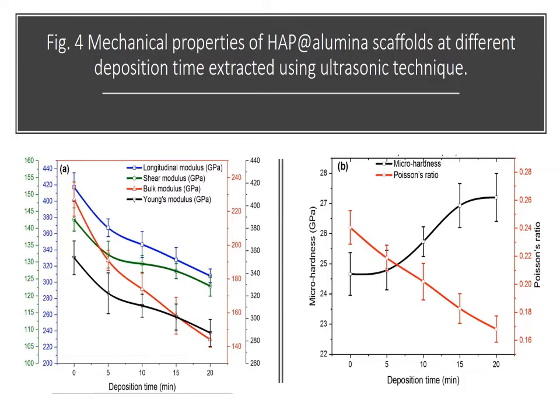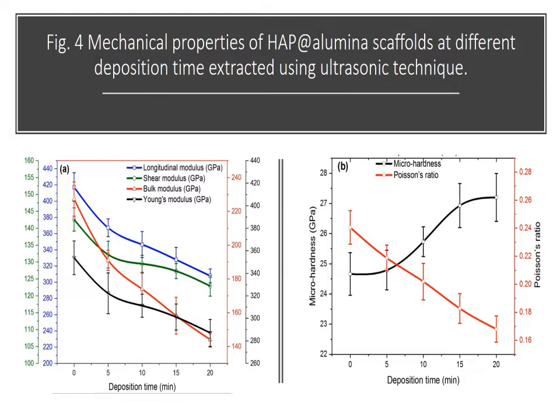On the other hand, the microhardness was enhanced significantly from 24 gigapascal reaching 27 gigapascal with increasing the deposition time. This development of the microhardness is assigned to the tendency of hydroxyapatite to fill pores among grains of alumina and thus increase the resistance to the indentation process.